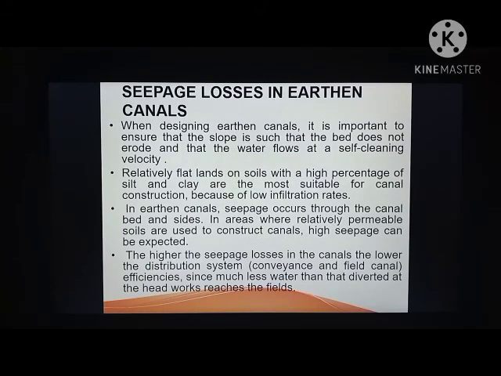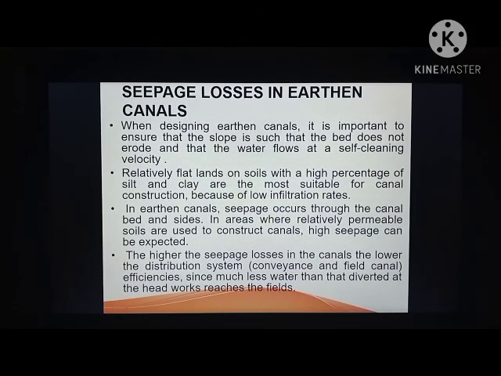Next, when designing earthen canals, it is important to ensure that the slope is such that the bed does not erode and that the water flows at a self-cleaning velocity. So if we are designing earthen canals, we must ensure that the slope will allow our canal to be self-cleaned due to the velocity of the water.